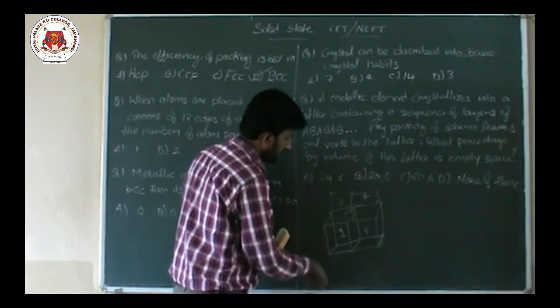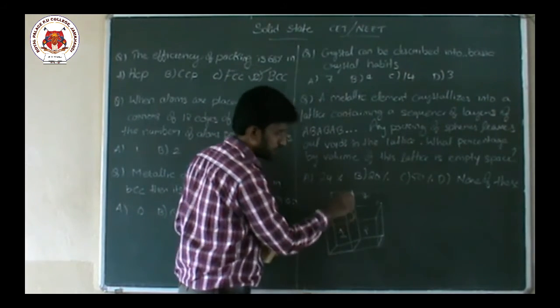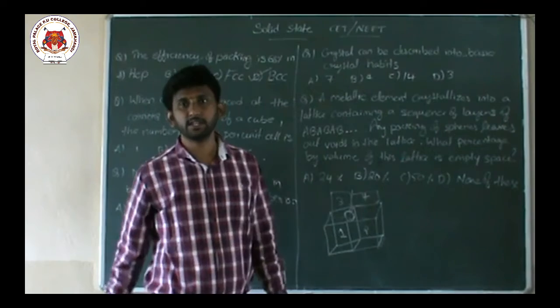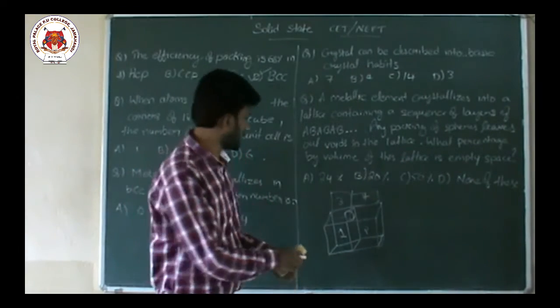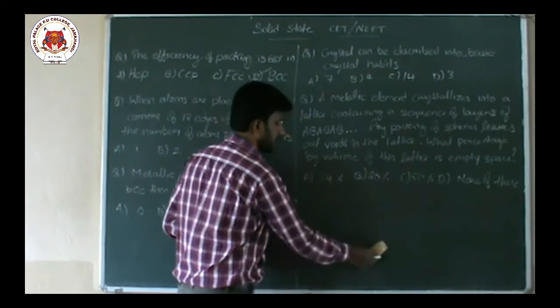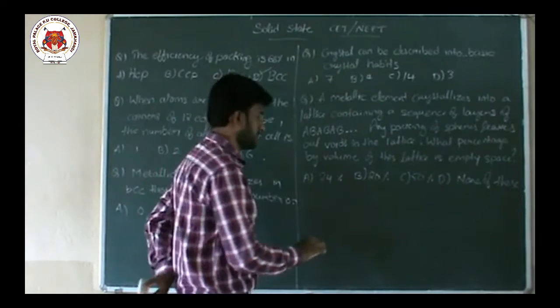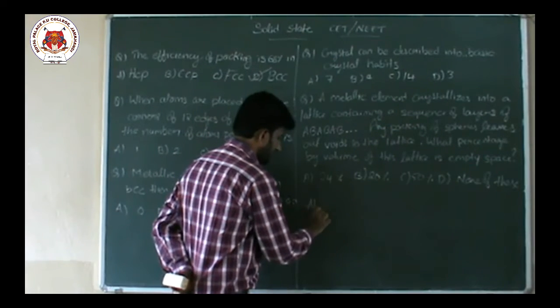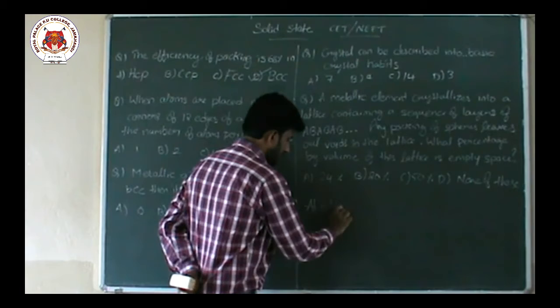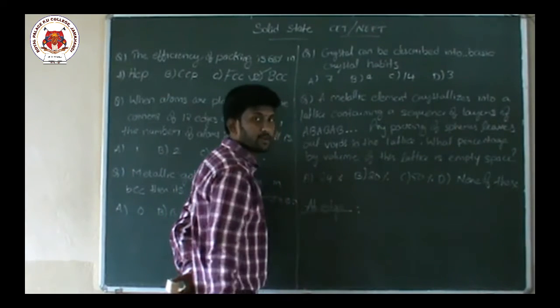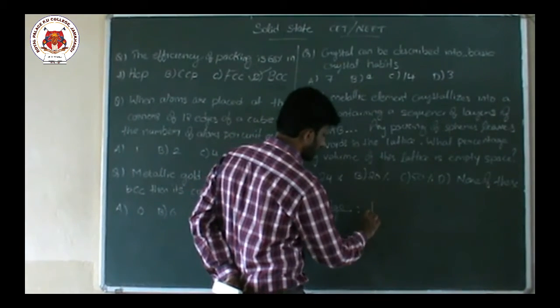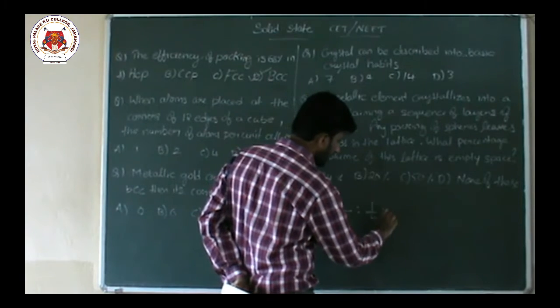That means if any atom is present at the center of the edge, it is shared by 4 cubes. That means the contribution of the atoms at the edge will be 1 by 4. And how many atoms are present?